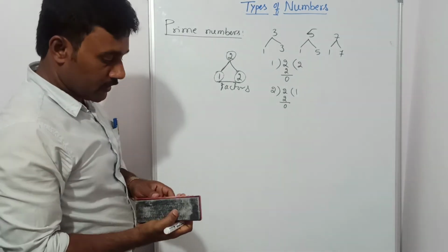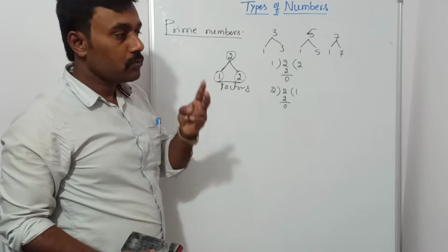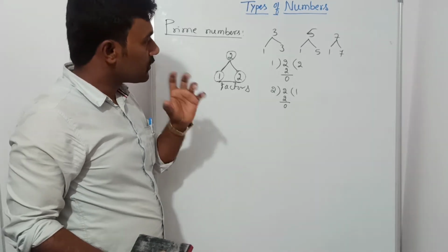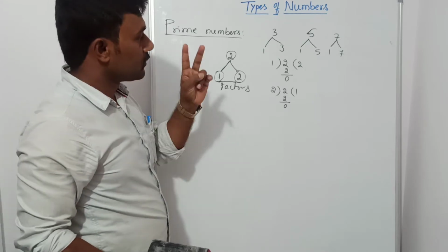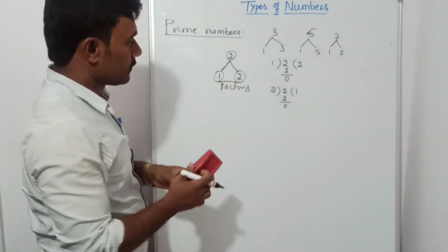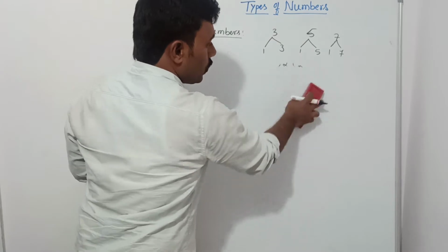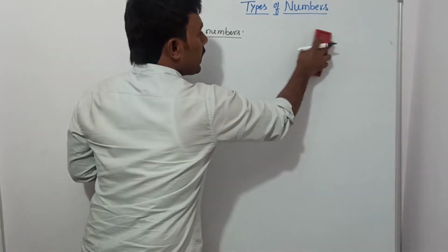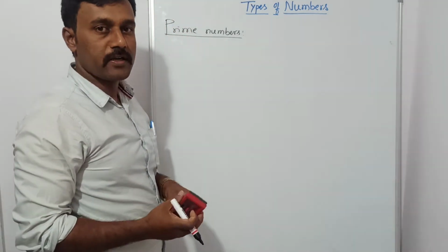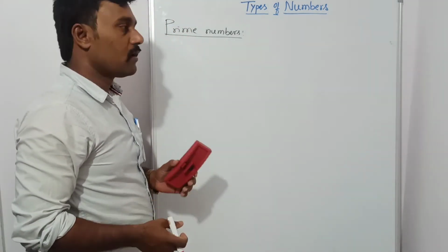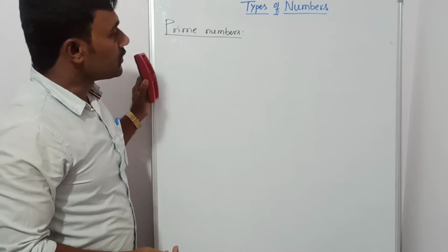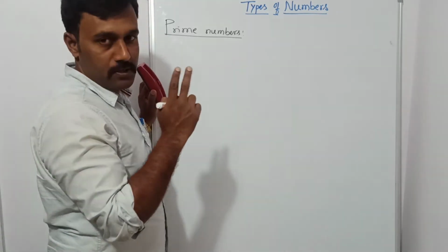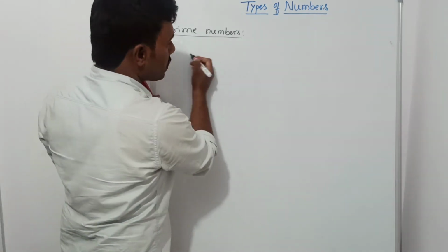Therefore, a number which has only two factors is a prime number. We have two definitions for prime numbers. One is a number which is divisible by 1 and itself is called a prime number, or a number which has only two factors is called a prime number. I will write both the definitions here.